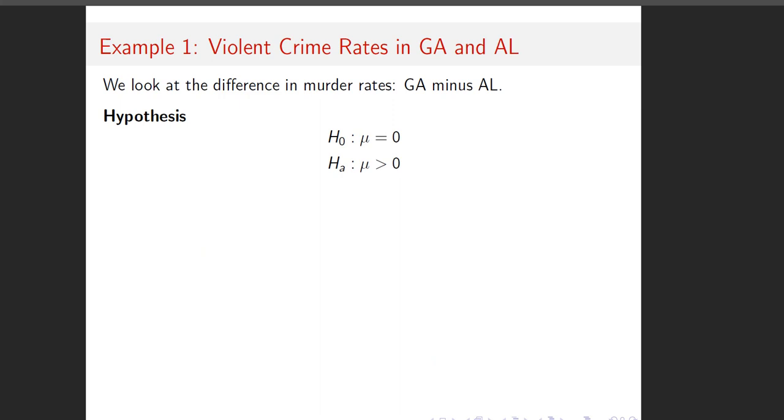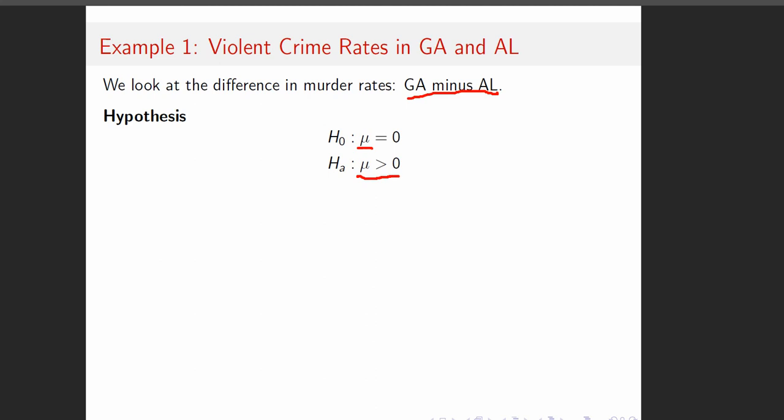Okay, so first notice the hypothesis. So as long as we're talking about Georgia minus Alabama, this is the average, and they're two states near each other in the United States. So the assumption is that the average difference is 0. Okay, if there's a high murder rate in Georgia, maybe there's a high murder rate in Alabama for that year. So the difference is 0 is our null hypothesis.